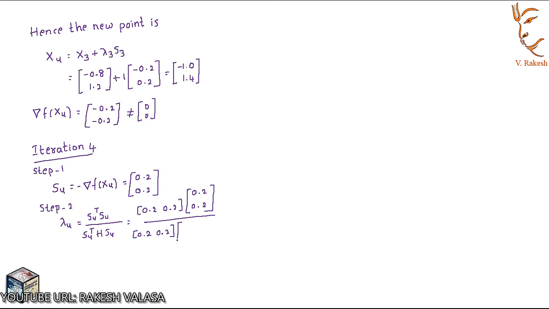Hessian matrix 4 2 2 2, S4, that is 0.2, 0.2. Now simplify this term, you can get the value is 1 by 5.